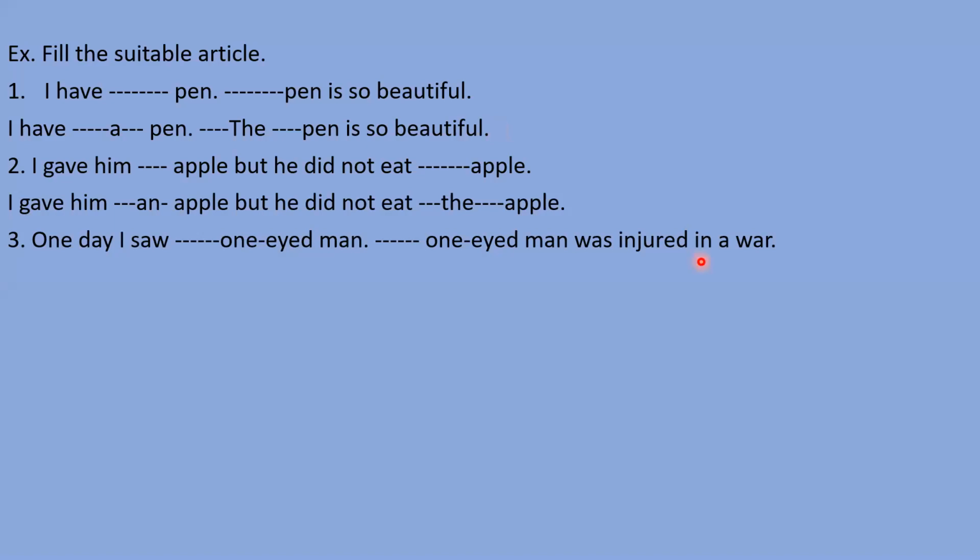Good morning, sir. Very good morning. Please let me know what the answers are. One day I saw a one-eyed man. The one-eyed man was injured in a war. So Bhumika, can you explain why you have used a in the first fill up and the in the second fill up?